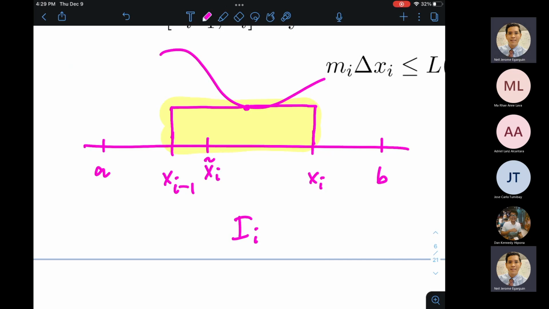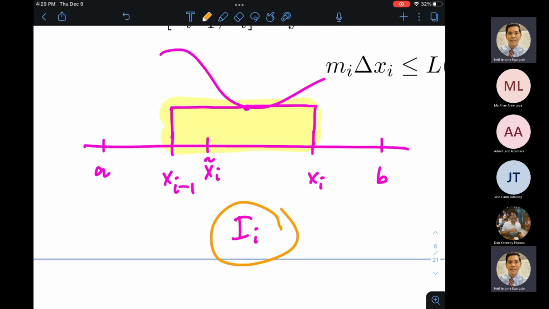So yung interval II, mahati siya sa dalawa. The first interval is from x sub I minus 1 until x sub I tilde. And then from x sub I tilde, papunta kay x sub I. Now, titingnan ko ano na yung magiging contribution mula dun sa original interval II dun sa lower sum. Pero ngayon, ang kinoconsider ko na yung lower sum dun sa refinement. Okay? Or galing dun sa refinement.